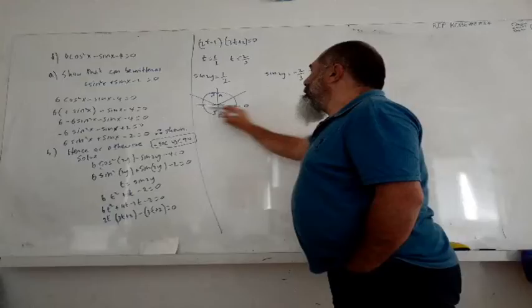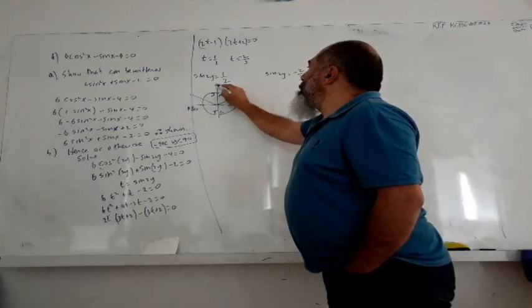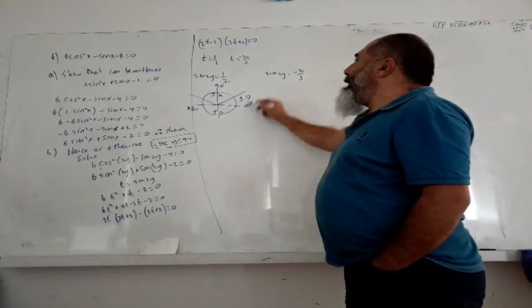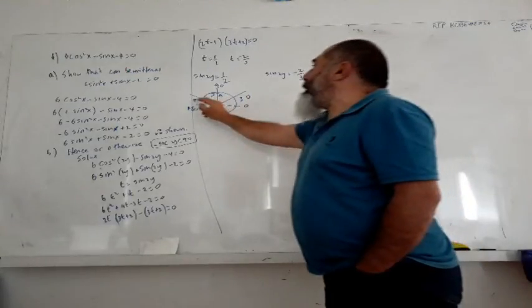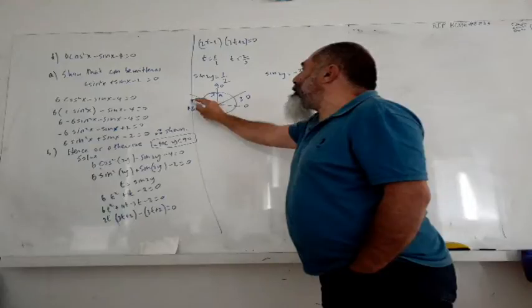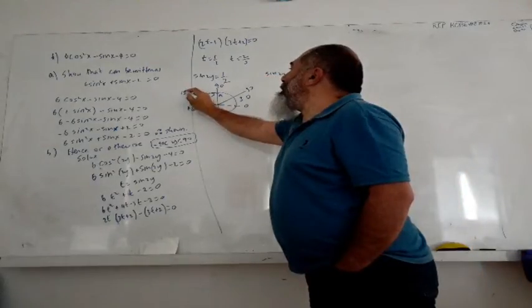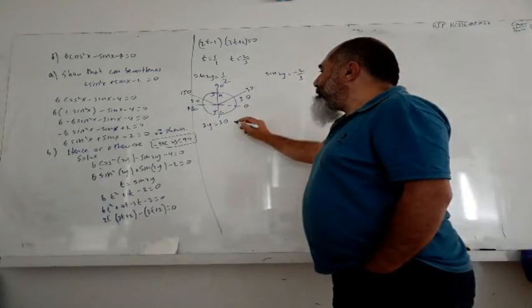When sine is 1 over 2, the angle is 30. So we have 30 here and 150 there. So 2y is equal to 30 and 150.